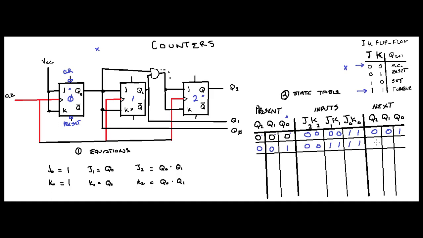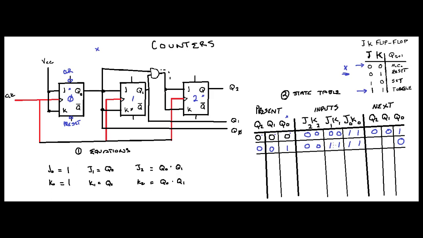So what's going to happen? Well, if we refer back up here into this excitation table, Q0, it's 1, 1. That's going to toggle, isn't it? So it was a 1, it's going to toggle back to a 0. Now in this state, J1, K1, they're 1, 1.